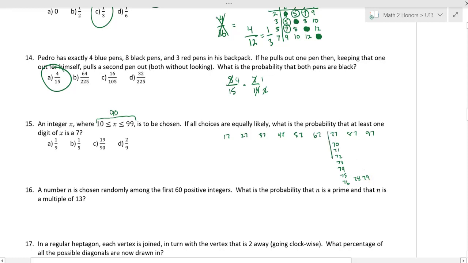So we have 10 here, that's 18 out of the 90 numbers. Divide by 9, you get 2 out of 10, which is 1 out of 5.